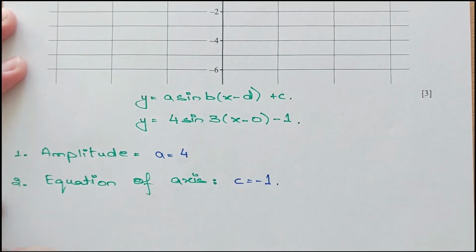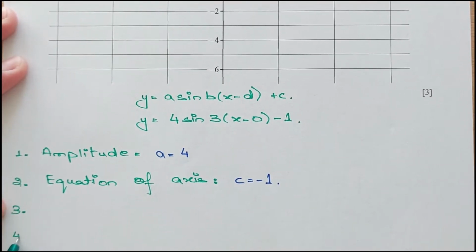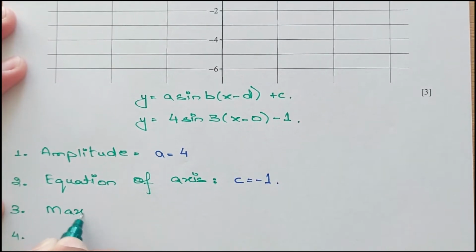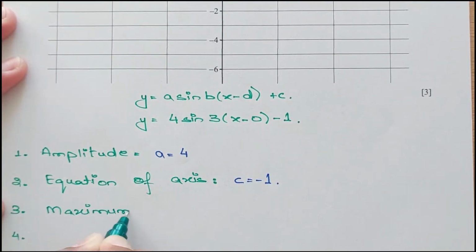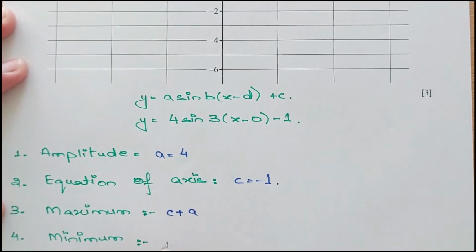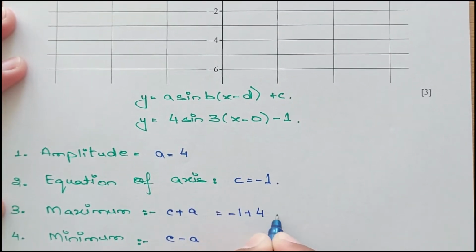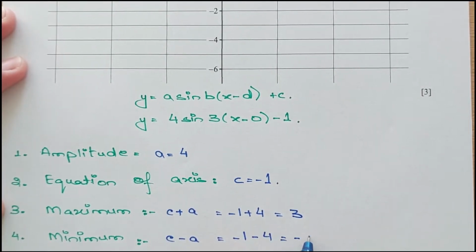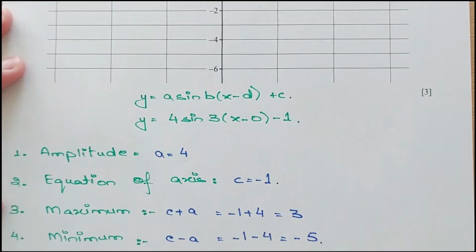We can easily find the maximum point and the minimum point of the curve. Maximum is the equation of the axis plus amplitude, and minimum is the equation of the axis minus amplitude. Minus 1 plus 4, 3, is the maximum point of this curve, and minus 1 minus 4, minus 5, is the minimum point for this curve, right?